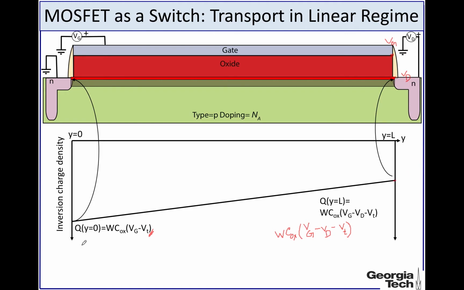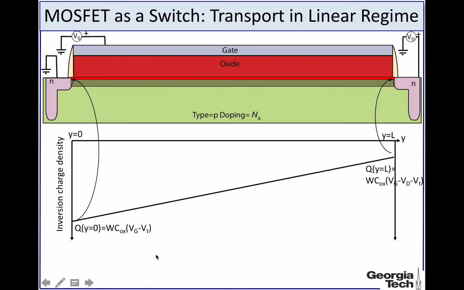So what we can do now is calculate the average amount of charge in the channel per unit length, and you can estimate it as just an average of the charge at the source end and the drain end. That's just a simple average, and this is also an approximation which actually works pretty well.